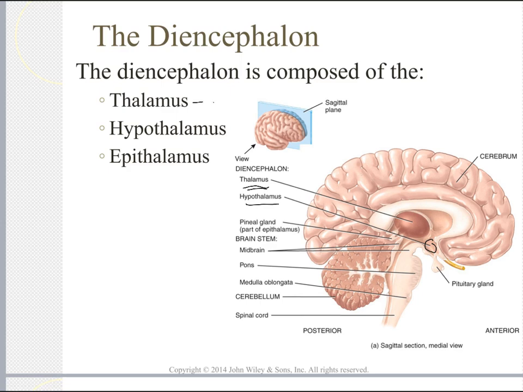The thalamus is essentially a relay center. It's relaying signals to the cerebral cortex. The hypothalamus is going to be known as, and we'll draw a line down here, the master of all masters. And that's a pretty strong statement. When we get into A&P 2 and we talk about the endocrine system, we'll see what this means.